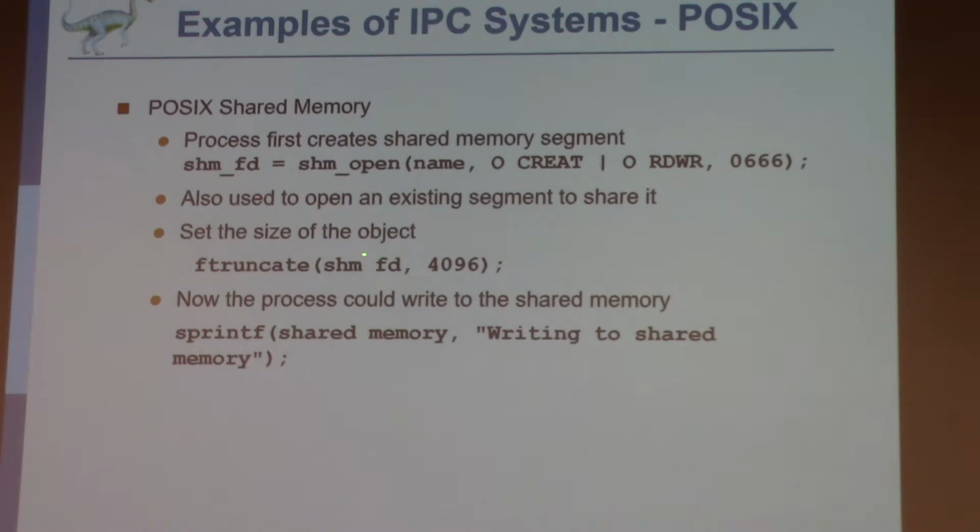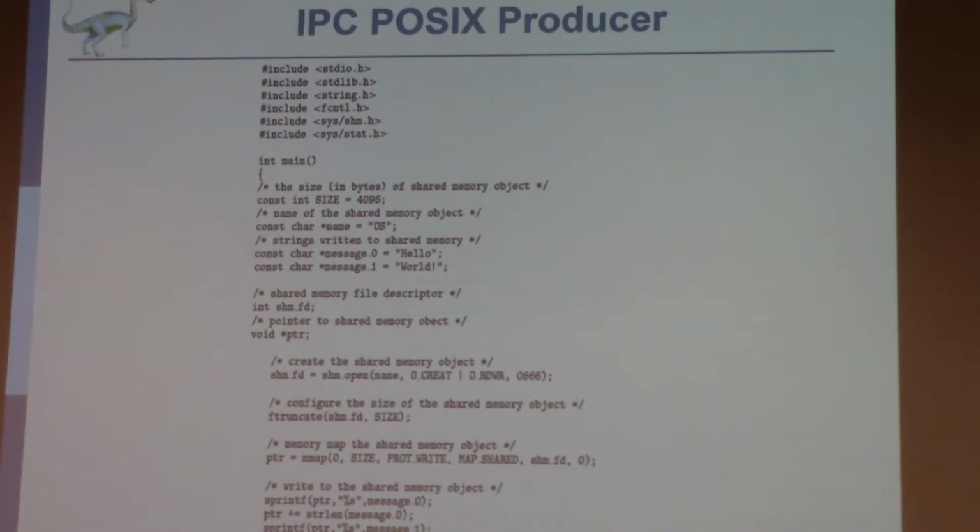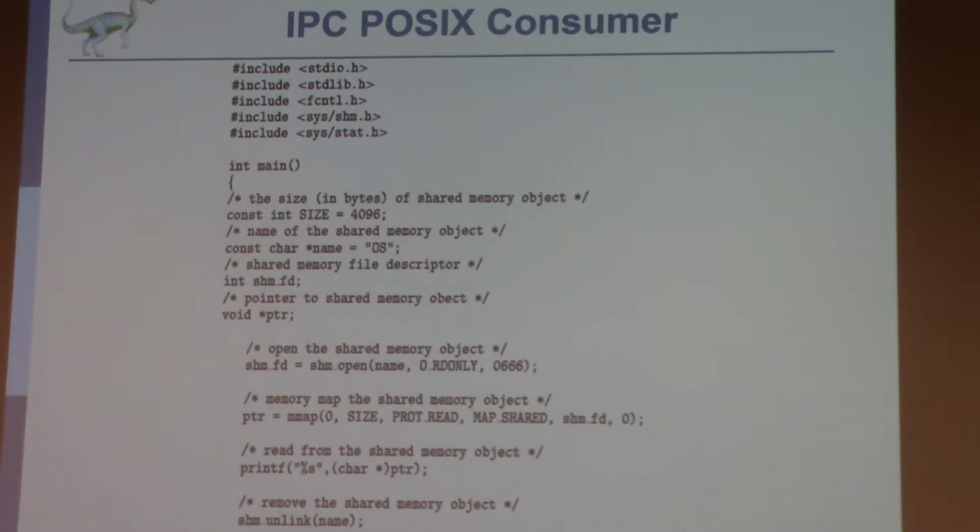And this is the truncate, which means flush out. This is an example of a POSIX producer, which means creating the message. It creates the shared memory with read and write. And the consumer is the reader. At this time, it's read only, an existing one, read only.